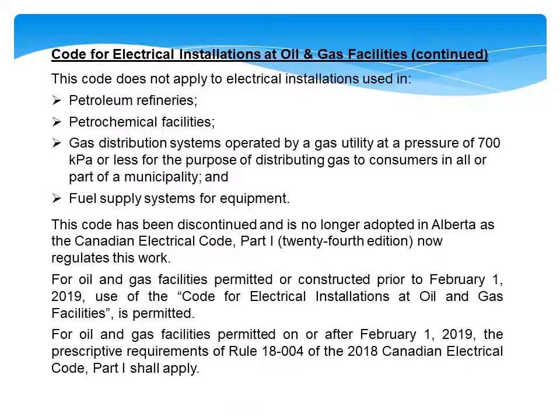For projects permitted on or after February 1, 2019, the prescriptive requirements of Rule 18-004 of the 2018 edition of the Canadian Electrical Code Part 1 shall apply. February 1, 2019 is the date from which the CEC 2018 was declared in force.